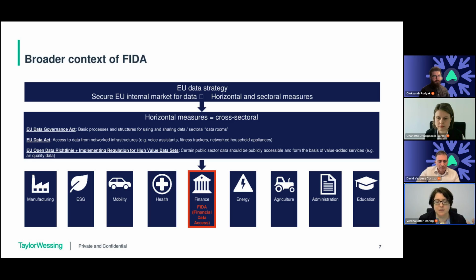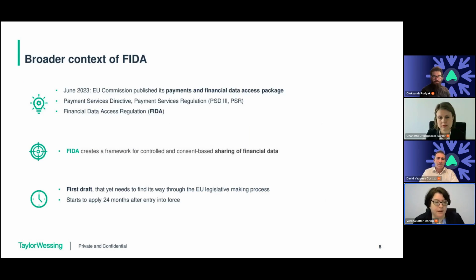Health makes total sense to have something specifically for the health sector as well. And then we have FIDA, the Financial Data Access Regulation, and I have a bit more on FIDA. FIDA came in a package. The EU Commission usually publishes packages, and then sometimes you're surprised what's in there.